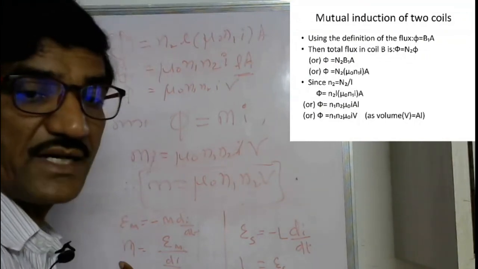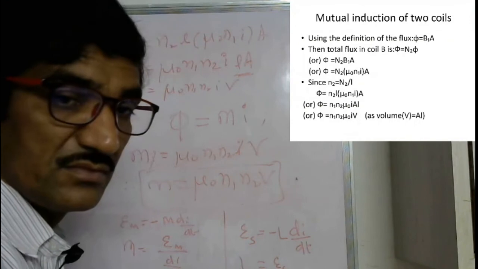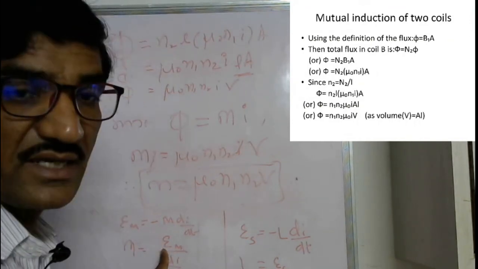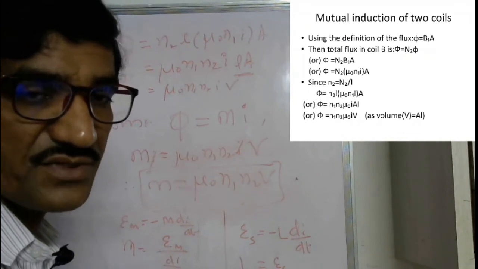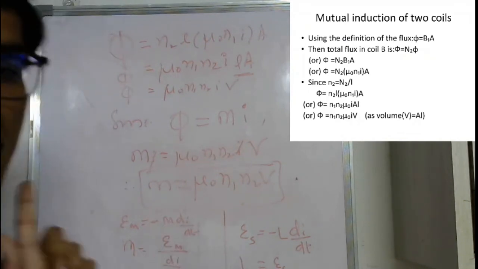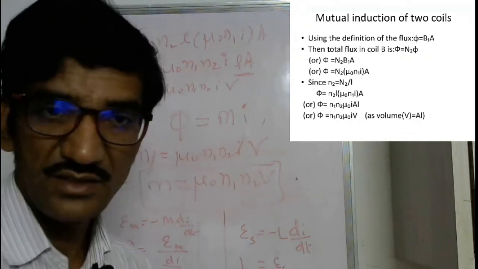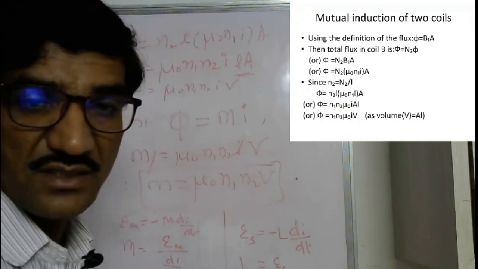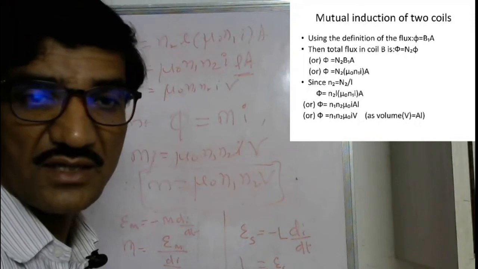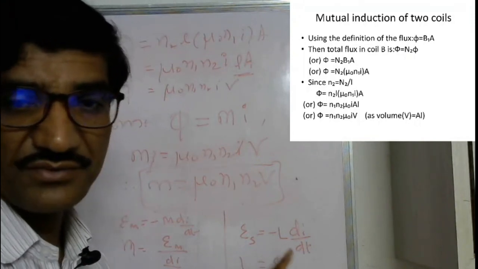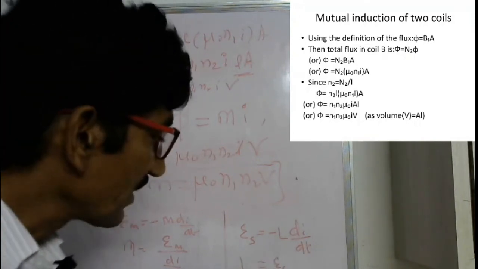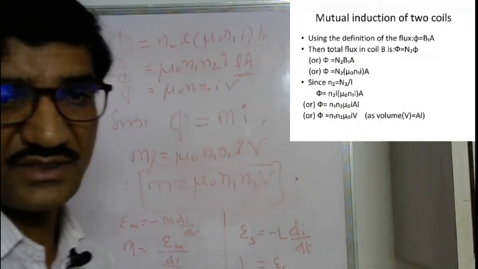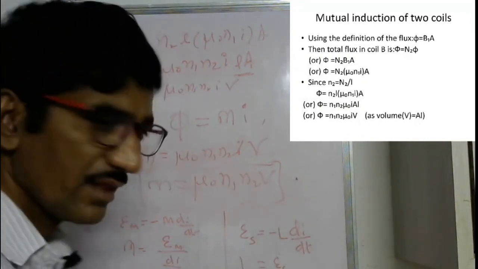So what is mutual induction now? It is the EMF for the unit rate of change of current in the first coil. In case of ordinary induction, what happens? Self-induction is nothing but the EMF induced for unit rate of change of current in that coil itself.